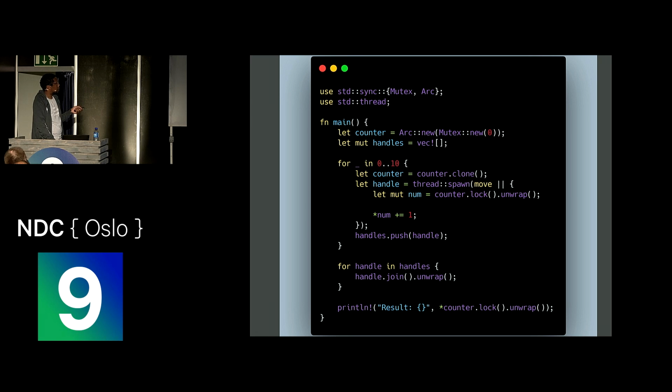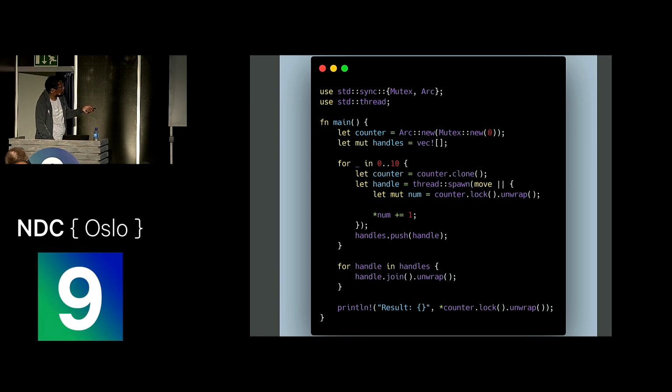We create a new thread and give it a closure. There's this move keyword, essentially move semantics. It means this closure is going to capture its environment, so here the counter is going to be moved into the thread. And we have to do this.